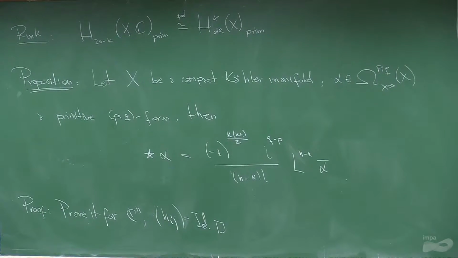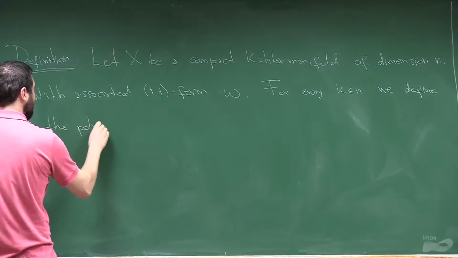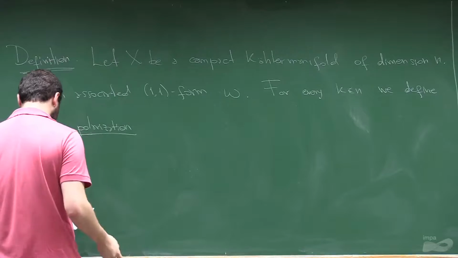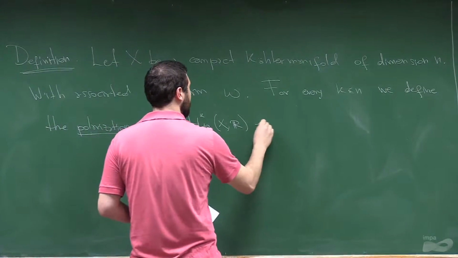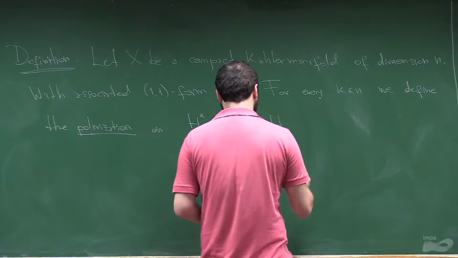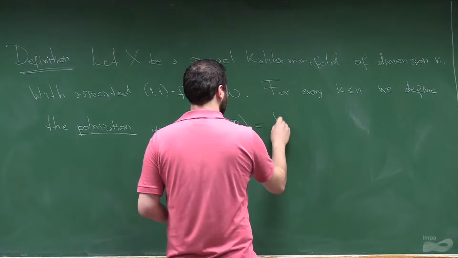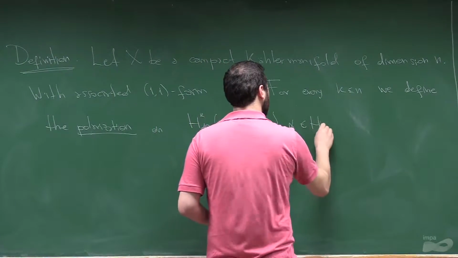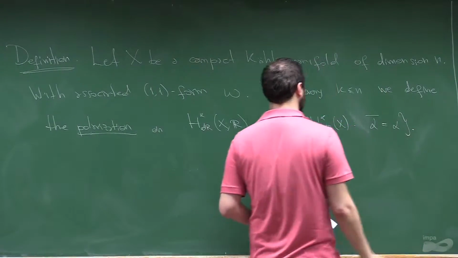Okay, so for every k less or equal than n, we define the polarization on the real de Rham cohomology group, and this is the space of de Rham cohomology classes that are invariant under complex conjugation. Okay.